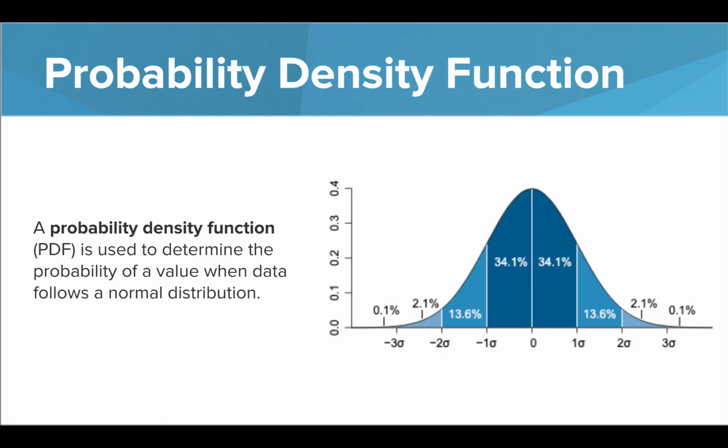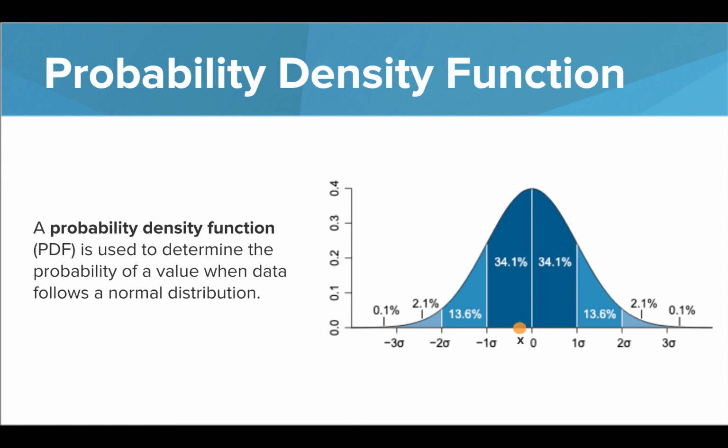Now that we have the x-axis set up, we can use these values to calculate what's called a probability density function, or PDF. A PDF is used to determine the exact probabilities of values when these values follow a normal distribution. This function can be used to find the y value that corresponds to each x value based on the normal distribution.